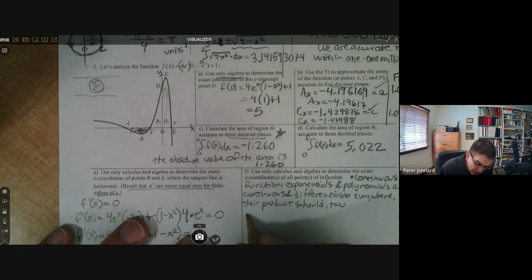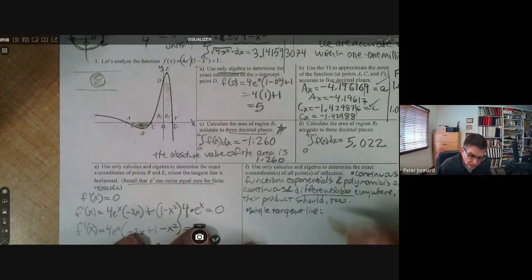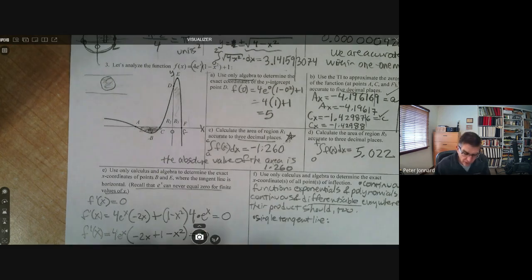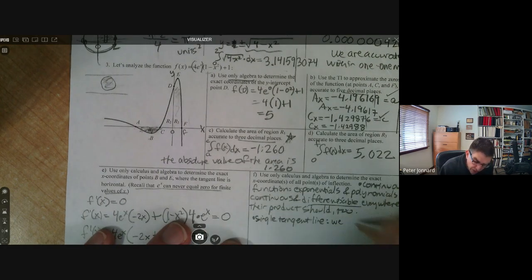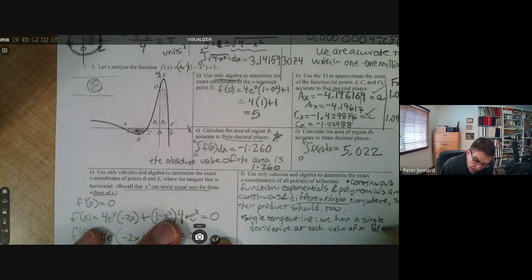Okay, the next thing is a single tangent line. Well, we already said that they're differentiable everywhere. So if it's differentiable everywhere, that means it has a single derivative everywhere, at each value of x, because it's differentiable.